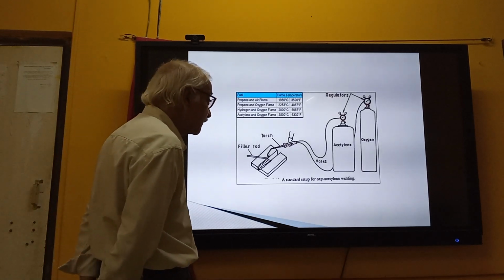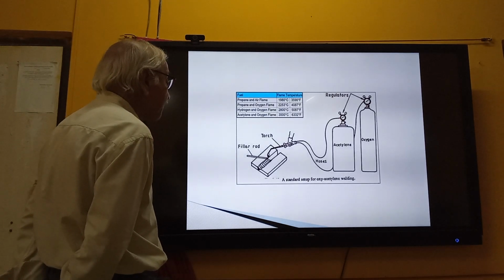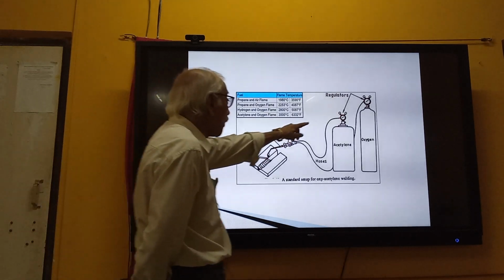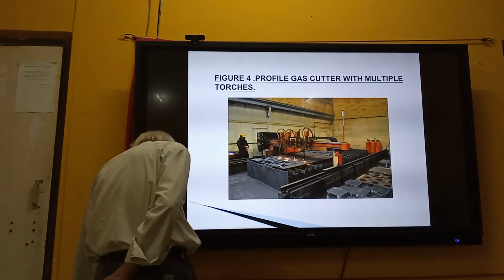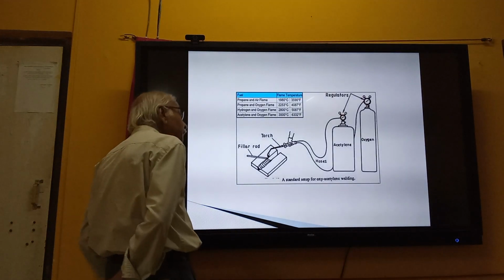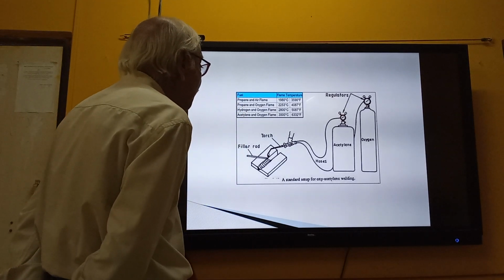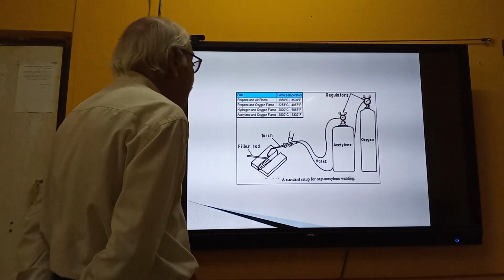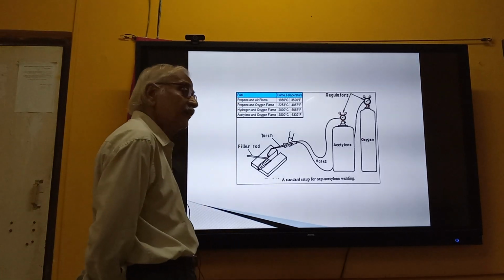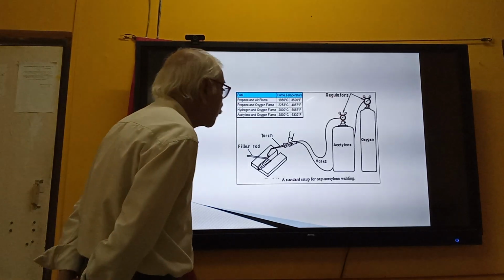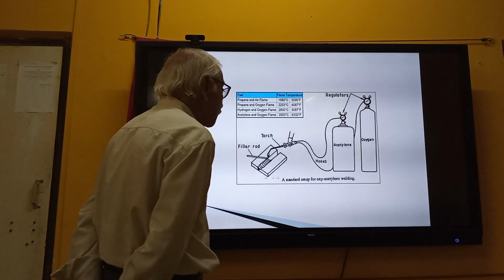LPG cylinder you have all seen these days. These two cylinders are placed side by side, and on top of the cylinders there are the pressure regulators. These pressure regulators actually regulate the pressure, because the pressure inside the cylinder is very high and it is not workable. So through these regulators, we reduce the pressure to the output point.